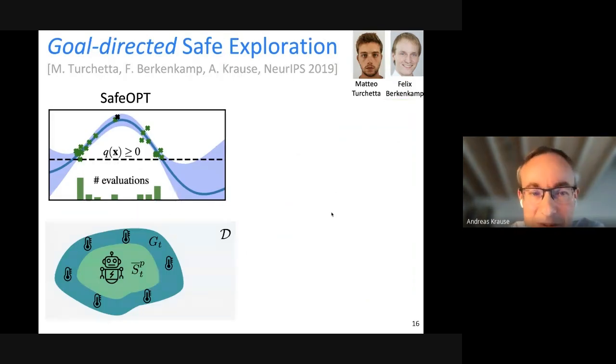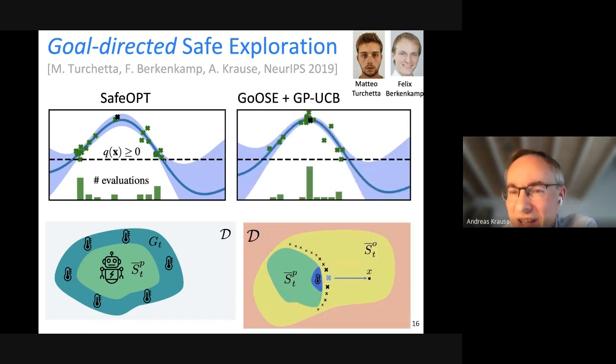Now, the original algorithm had some issues. In particular, it tends to explore the boundary too much, right? In order to figure out how far the algorithm can go, a lot of the observations happen near the boundary of this domain. Fortunately, there are ways of improving this. What we proposed a little while back at NeurIPS is a variant of this algorithm, which does this expansion in a more goal-oriented fashion.